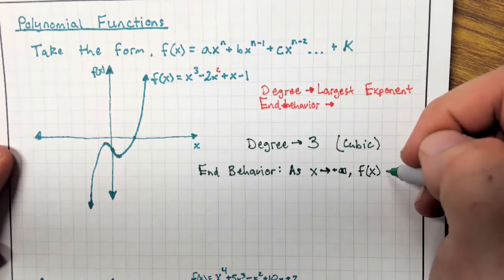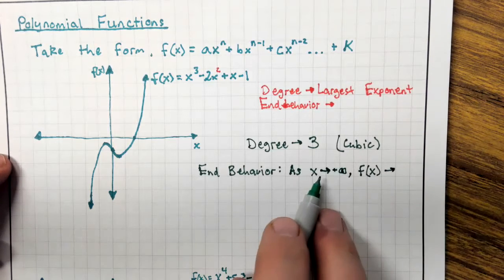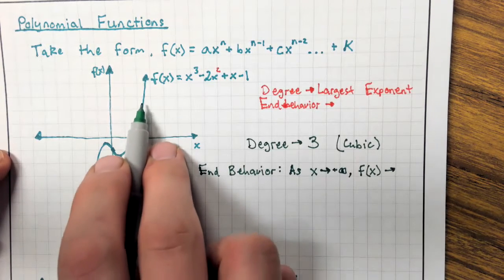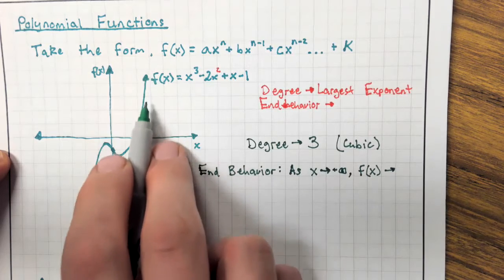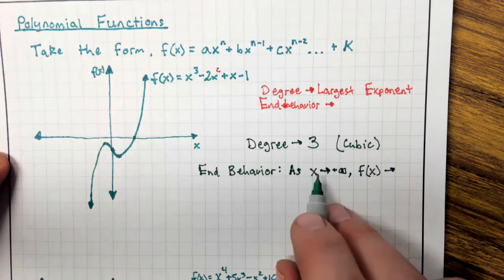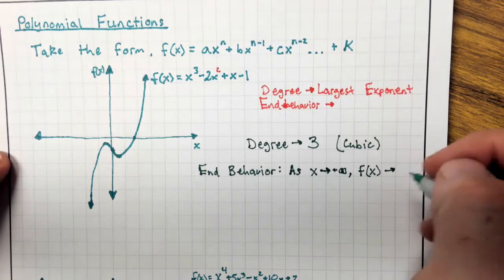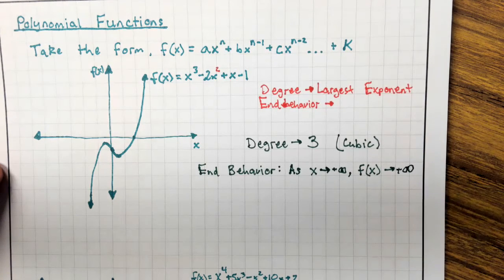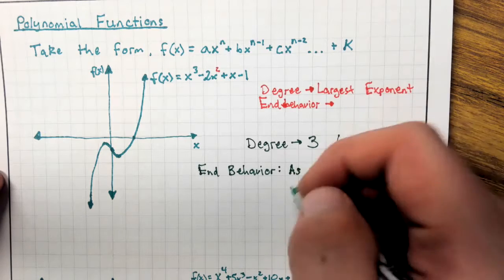F of x approaches, so just reading the function going from left to right, what happens at the end here? Where's our function heading at the very end? It's pointing upward. That means it's going to positive infinity. So as x increases or approaches infinity, f of x also approaches positive infinity. And that's really it.